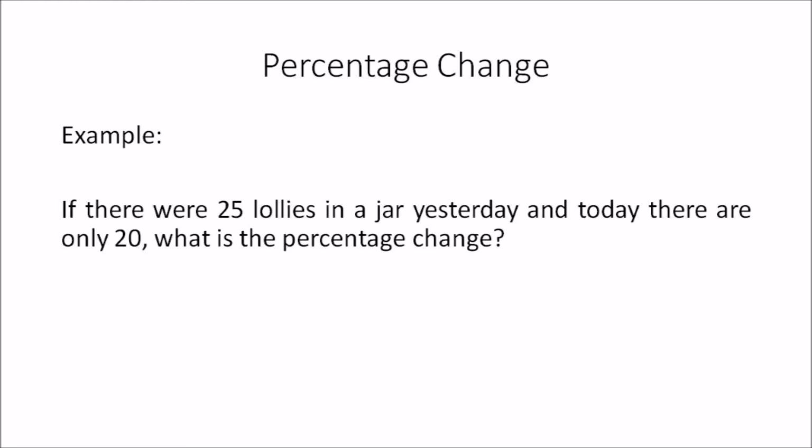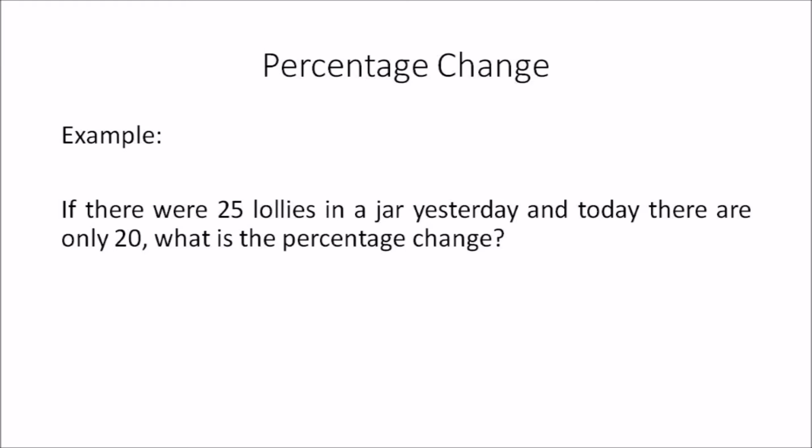In this example, if there were 25 lollies in a jar yesterday and today there are only 20, what is the percentage change? Now this seems to be like a negative change because yesterday originally you had 25, which was more than you have today, which is 20.